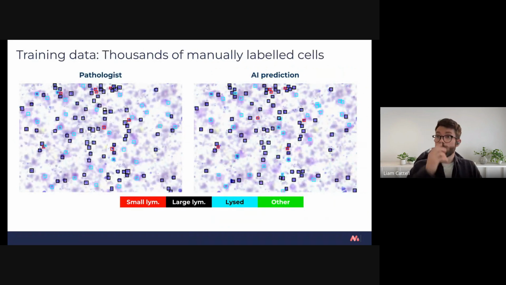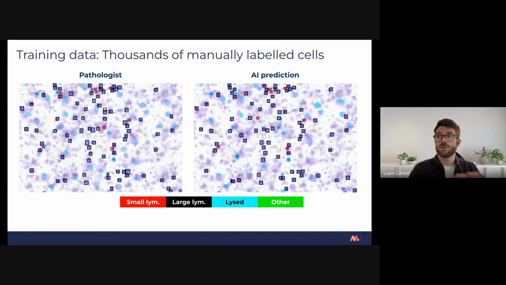So to train this part of the pipeline, to train this AI model required thousands of manually labeled cells. So again, Dr. Davis and her team took a lot of our cytology slides that we have seen historically at Moichor and went through and painstakingly tagged the white blood cells in those smears.